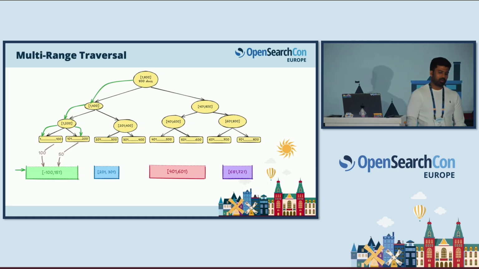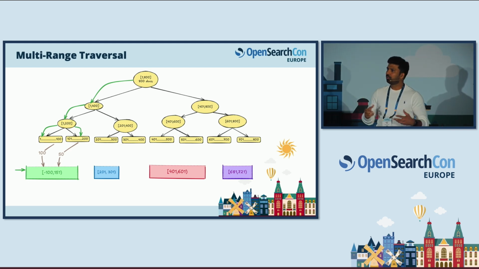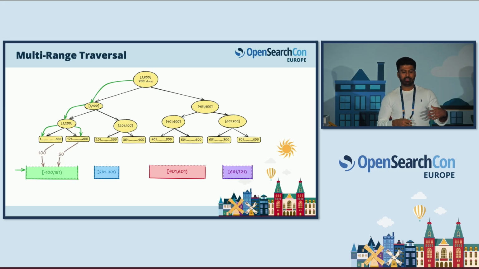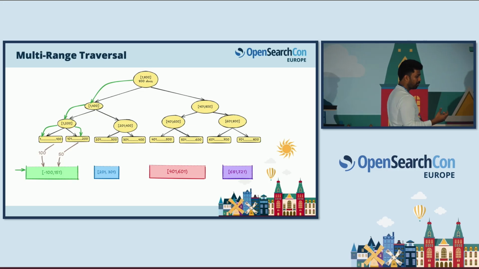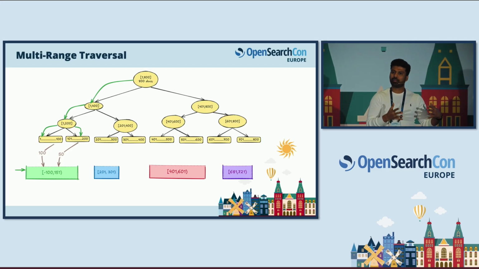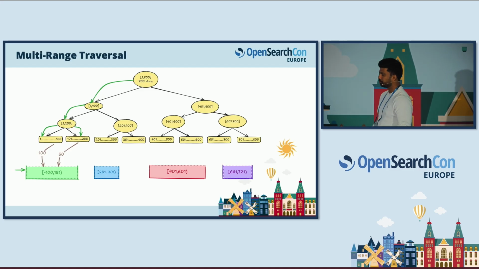So what we did was, we started with a two-pointer approach, right? We started at the top of the tree, and we had the second pointer at the first bucket. As long as the values that we are seeing in the tree are less than the maximum of the first bucket, we can keep collecting the documents in the first bucket.